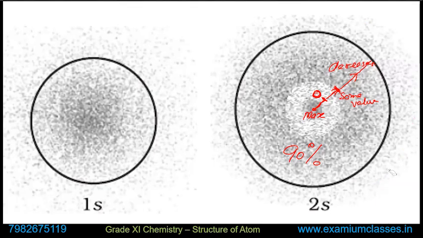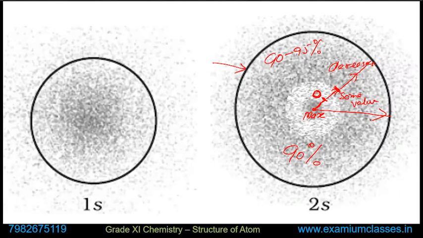There are no strictly defined boundaries which can say that the electron cannot go outside it. So this boundary line just shows that a 90 to 95% possibility is there that the electron will be here. 5 to 10%, it can be outside also. So these do not have clearly defined boundaries, although we say that this is the distance from the nucleus.